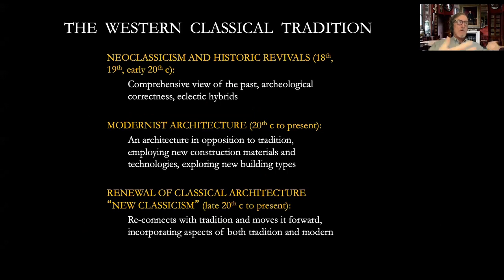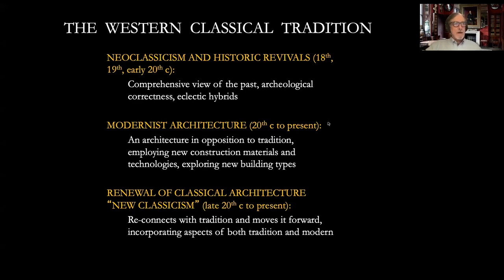Then we have the neoclassicism and the historic revivals of the 18th, 19th, and early 20th century. This really represents a comprehensive view of the past, where architects were taking and synthesizing all of the eras of architecture of the past and creating a new synthesis with it.